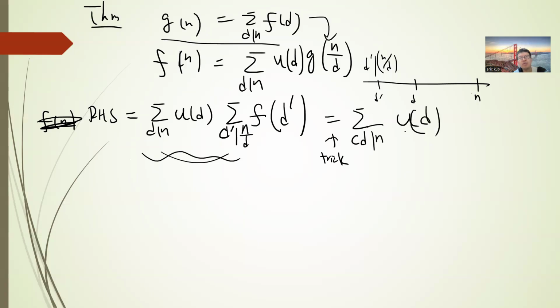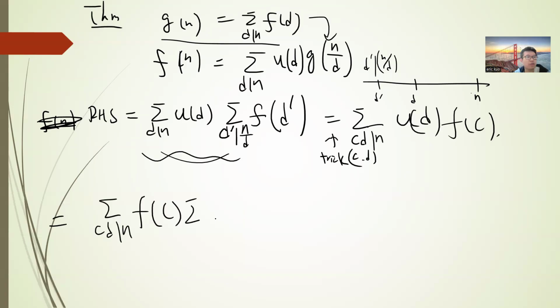So if you see this, then the proof will be this. You get mu d, and then this is just take c, right? So you take any cd pair such that cd divides n, and you just sum mu d f c. Okay, so if you see this, then you finish the proof, right? Because you just pull out this, and you take mu of d.